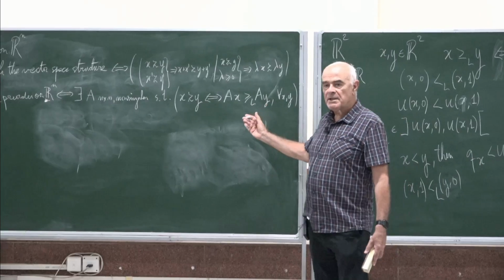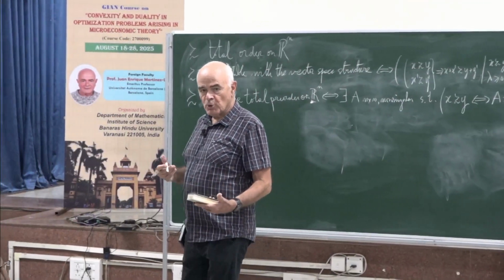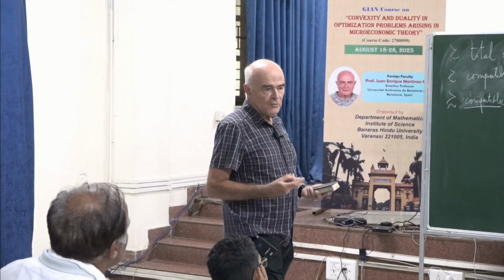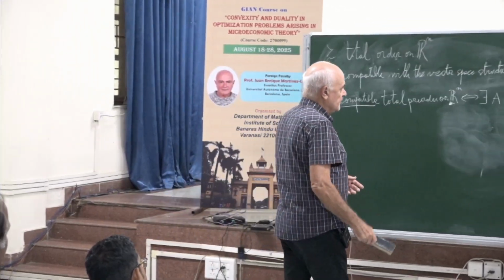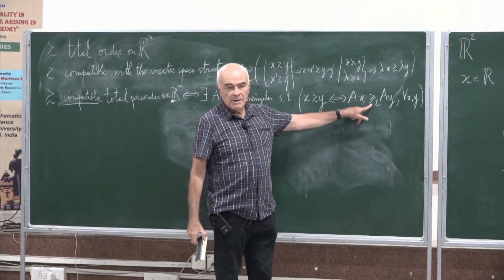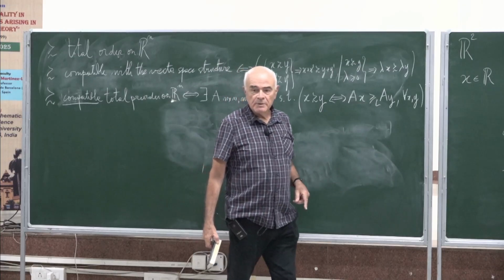This matrix A, which is non-singular, defines an isomorphism, an automorphism of Rn. So, up to this A, we have the lexicographical order.